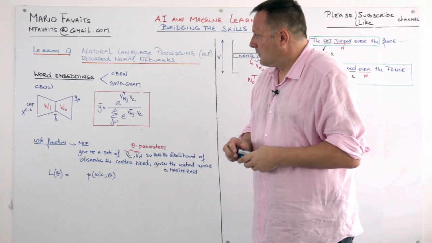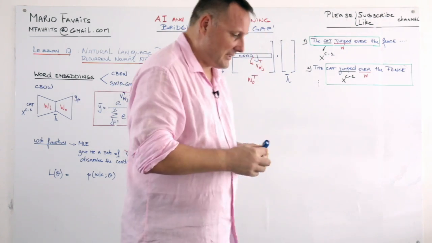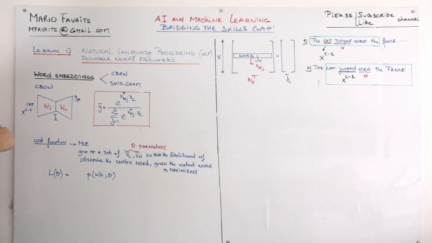Alright, welcome back to Word Embeddings, and we will continue with CBOW, or Continuous Bag of Words. This is basically the problem that we've solved. We have a context word, cat, and then we define two embedding matrices, Wi and Wo, so that we can predict what the next word is to cat.